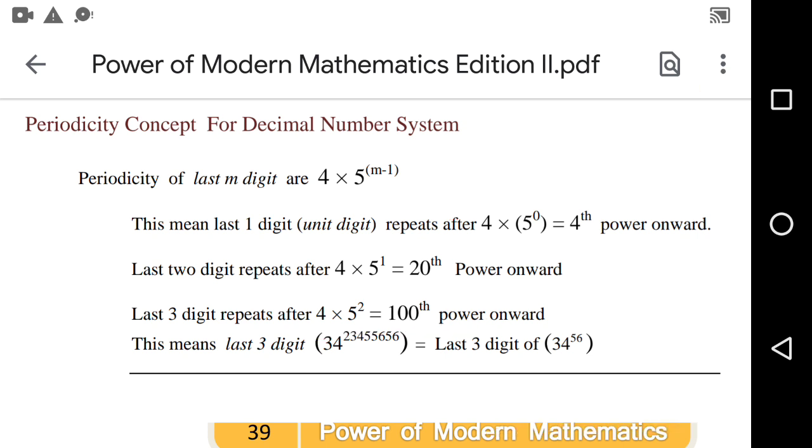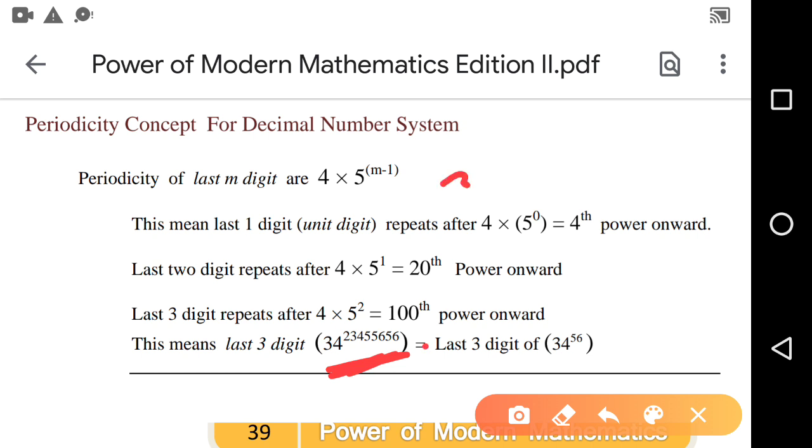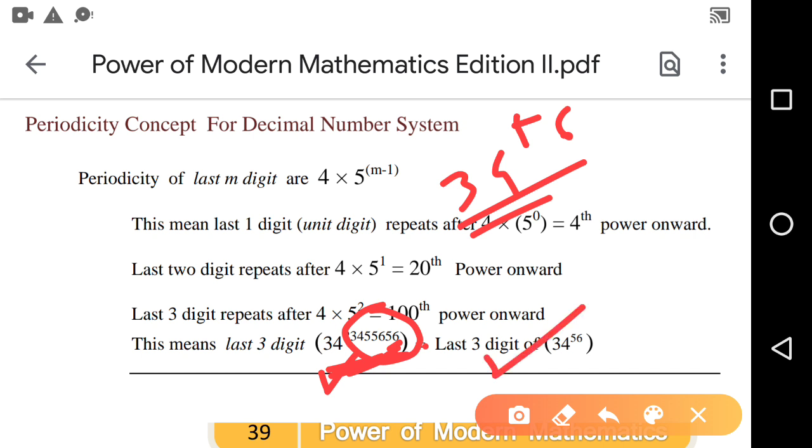And this means the last three digits of this number repeat after the 100th power, that is the periodicity is 100. So divide the exponent by 100 and just consider the remainder, that is nothing but 56. So the last three digits of this number are equivalent to the last three digits of this number, friends.